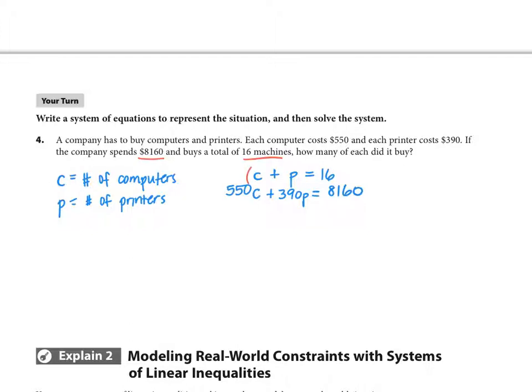And we can use any method we want to solve this. I'm going to use elimination. So that means I want to eliminate either the C or the P. And I am going to choose to eliminate the C in this case.